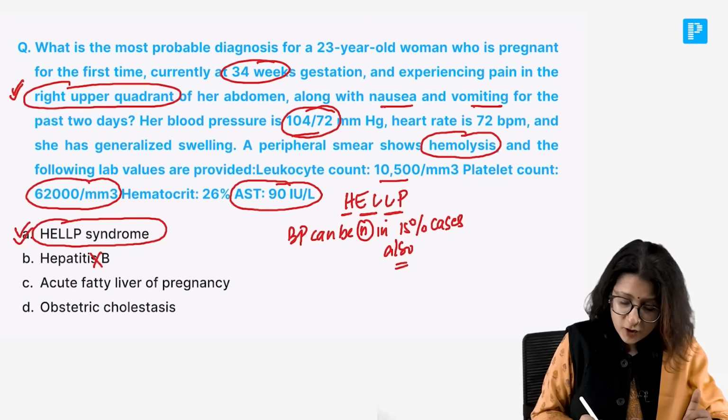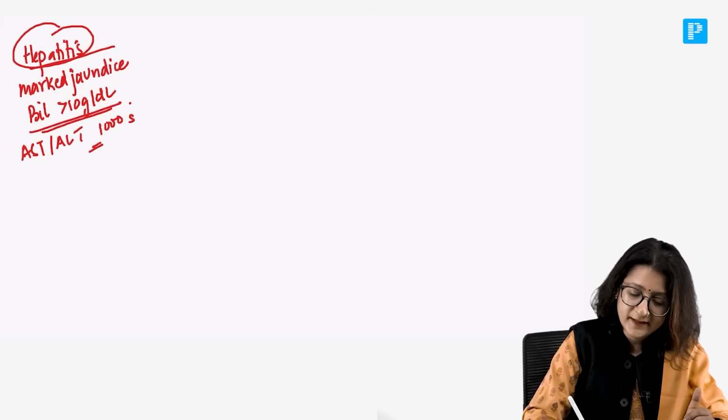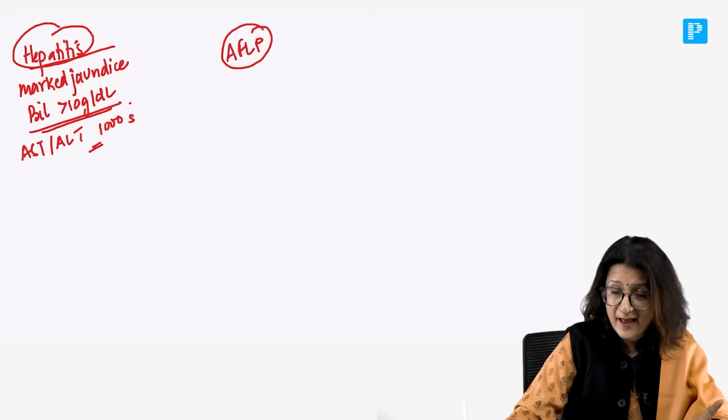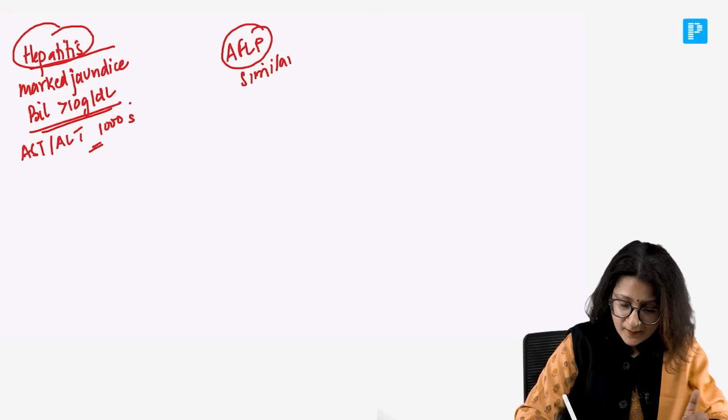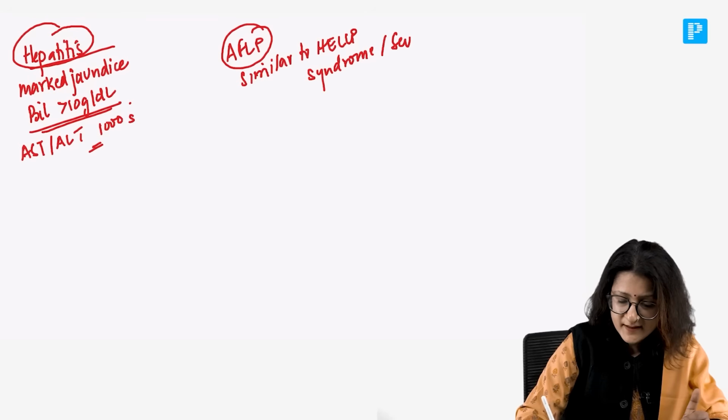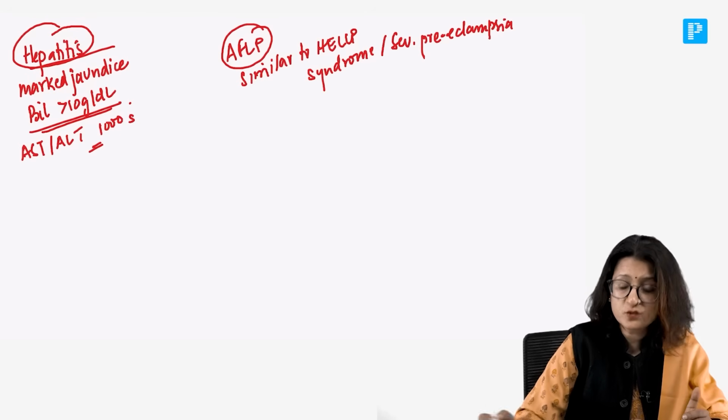And what about the other option? Acute fatty liver of pregnancy. Acute fatty liver of pregnancy is very, very rare. It will look very similar to HELLP syndrome, or very similar to severe preeclampsia. That means it is confusing.